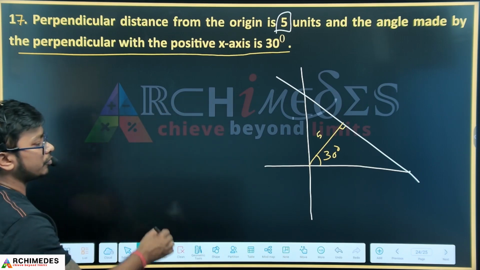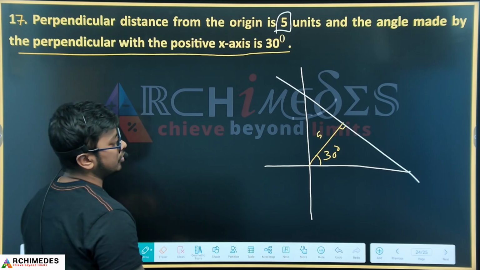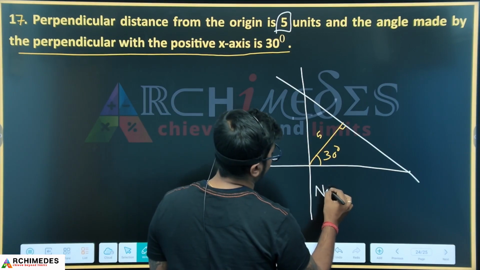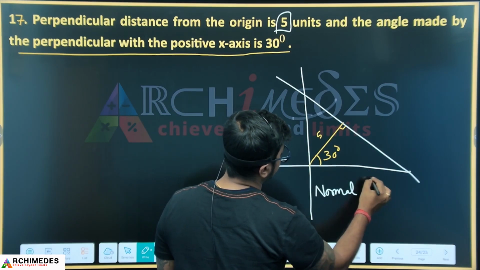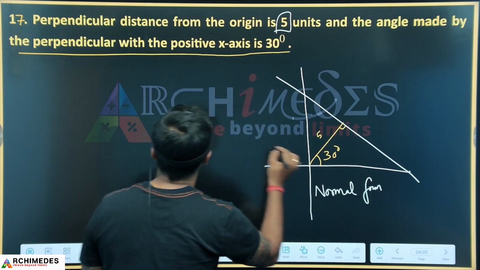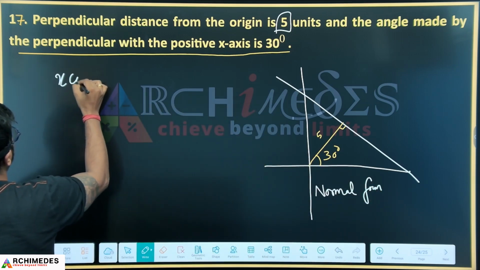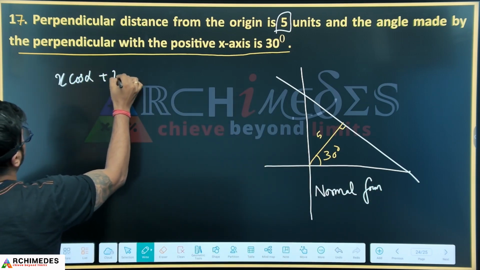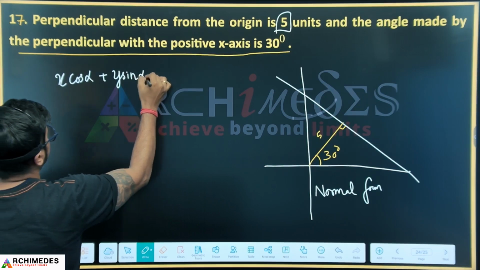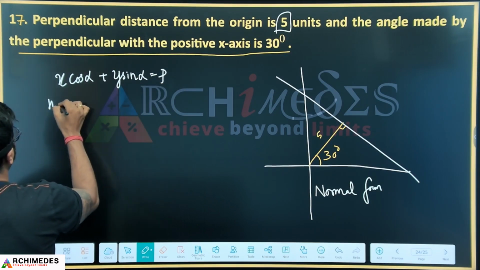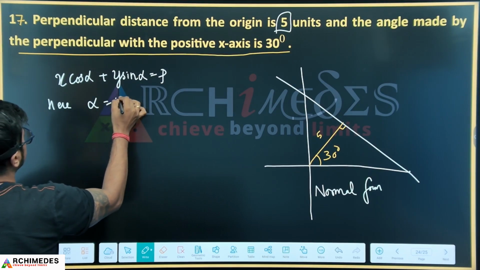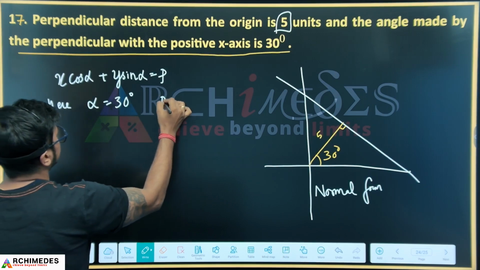So you know what the formula is. Which form will apply? Definitely normal form. So what is the normal form? x cos alpha plus y sin alpha equals p. Here alpha is given as 30 degrees and p is given as 5.